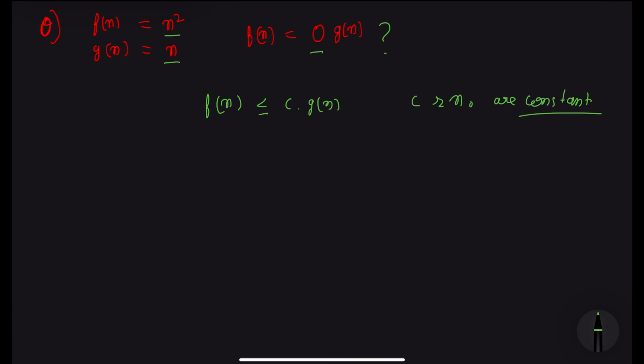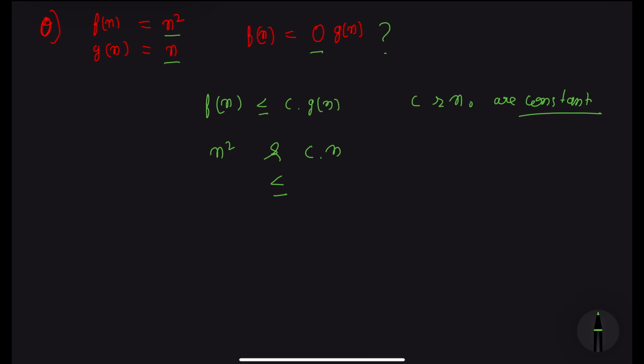Keep this point in mind. So we have f(n) equal to n square and g(n) equal to n, so c dot g(n). Now think about a value which will satisfy the condition. This should be smaller than or equal to.